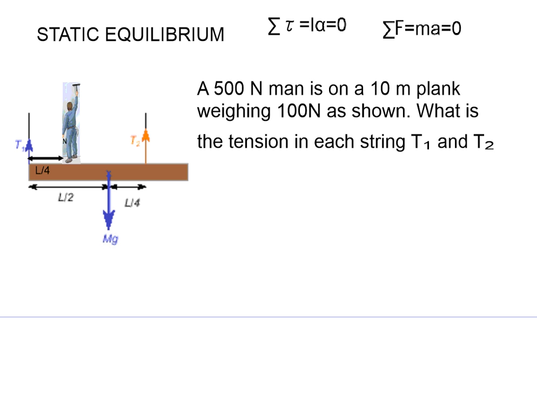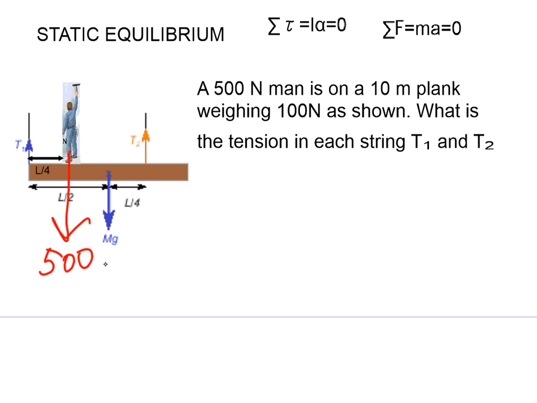As a final example, you can look at this problem, very similar, where the man is standing here, so there's a force down here, there's a force in the middle, and there are two tensions up. This force is 500 newtons.